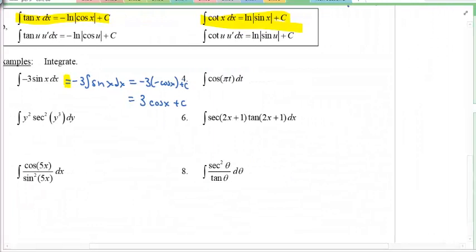Alright, number 4, you see it's cosine of a function, so hint, hint, hint, perhaps you have to let u equal something. I would suggest pi t.